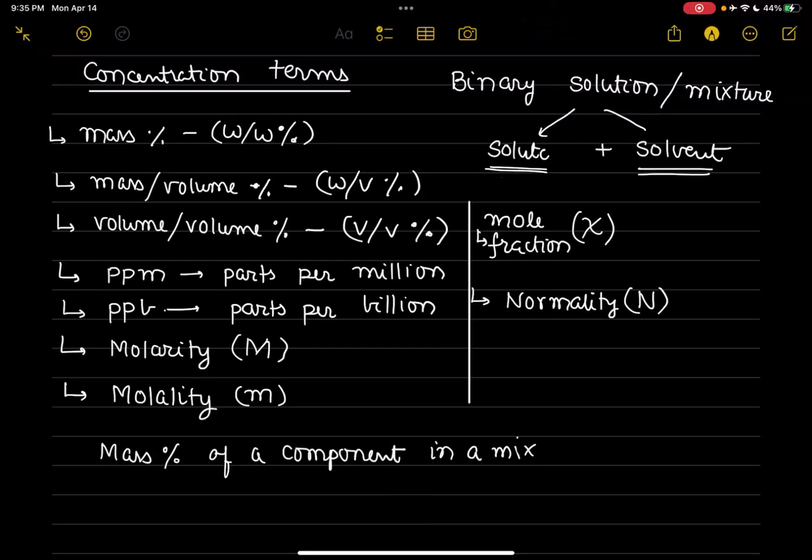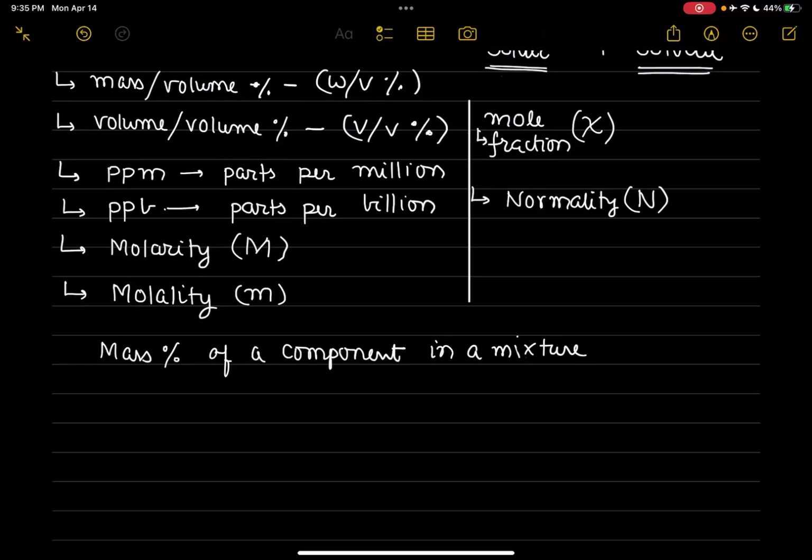How will you define mass percentage of a component? It's basically the percentage of the quantity in the solution or in the compound of an element. It is exactly expressing the amount of substance. Yes, correct.